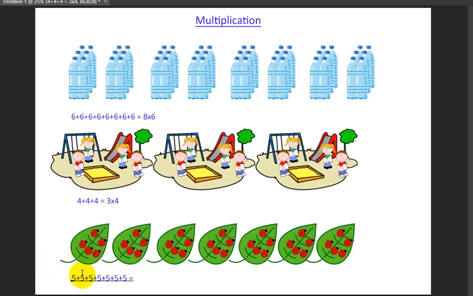Or in multiplication form, there's 1 5, 2 5s, up to 7 5s. So that would be 7 times 5. And that's the multiplication form.